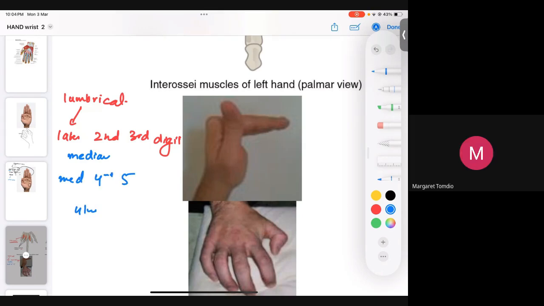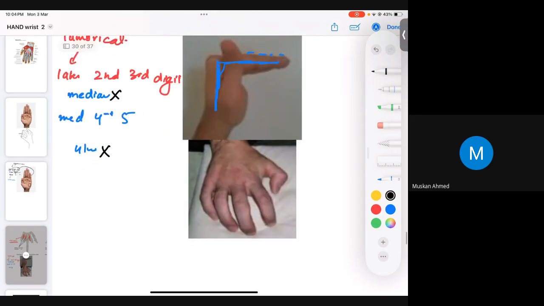And what's the function? Making L: flexion of the metacarpophalangeal joint and extension of your interphalangeal joint. Is that clear? Okay, perfect. So whenever both of these nerves, median and ulnar, are gone, as in lower trunk injury, it's going to end in a condition called claw hand. We already know that.